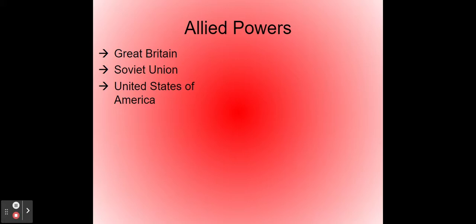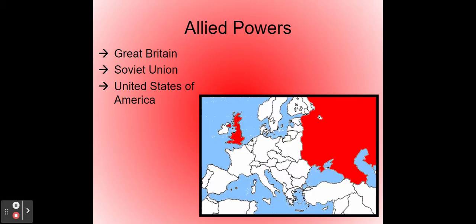Again, France has been occupied, but the underground French resistance is going to be key in helping the Allies, especially when we get to D-Day. And if you remember from last week, here's our map. Here are the two Allied nations in Europe. Here's the Soviet Union over here, and here's Britain right here. And of course, we have the underground French resistance and the United States as well.